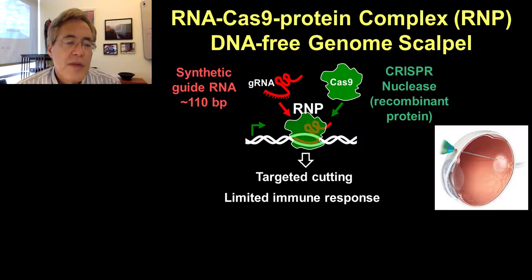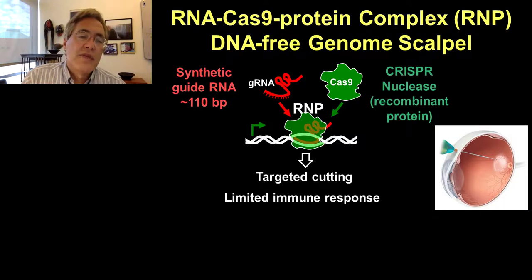The advantage of this is it causes the least possible risk to the patient, because the Cas9 is a protein which degrades within less than a day in most cases, and is complexed to a guide RNA, which is also synthetic. This reduces the cost of the material which goes into the patient, and also reduces the risk, because there's no DNA involved. There's no DNA that can be integrated into the patient.